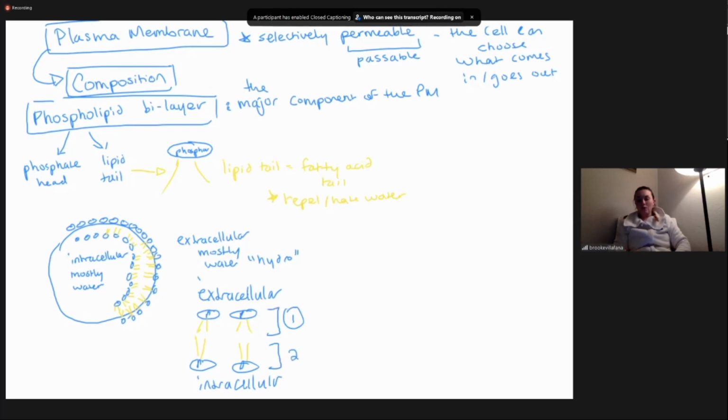There's one row on top, and then there's a second row on the bottom. Both of the head parts are loving or moving towards the water inside the cell and outside the cell, but the fatty acid tail is staying away from the water. And there's two layers, which is why we call it a bilayer.